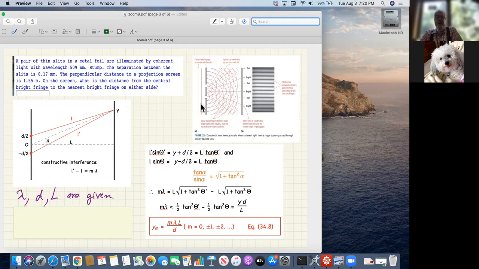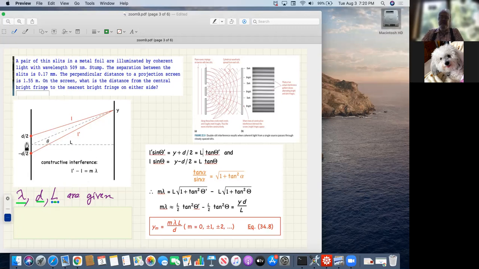So there's a bit of trigonometry that we have to go through to analyze the difference in path lengths in terms of the given quantities. What's given? Well, the wavelength, the distance between the two slits. So this one is at d over 2, this one's at minus d over 2, so the distance is d, and the distance to the screen.